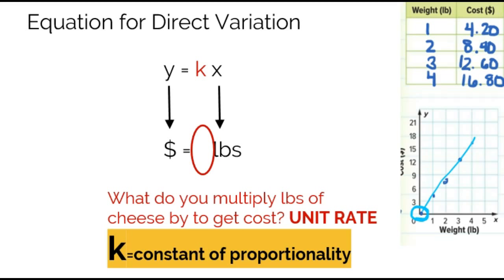So with the equation y equals kx, y is going to be your first unit that you're comparing, x is going to be your second, and that k is your constant of proportionality, whatever you multiply x by to give you y, that is what k is. Whatever we multiply the pounds by to give us the cost in this scenario is going to be the unit rate.